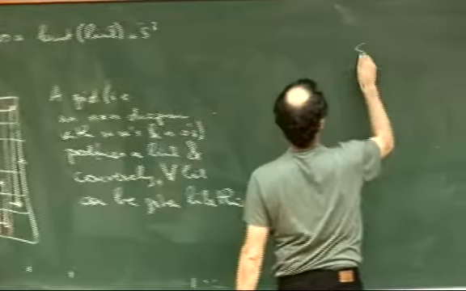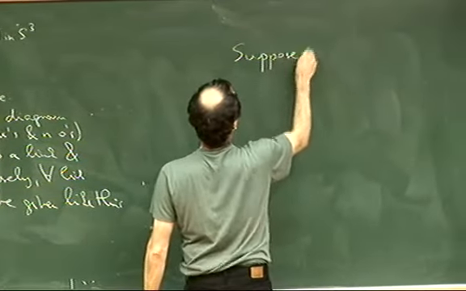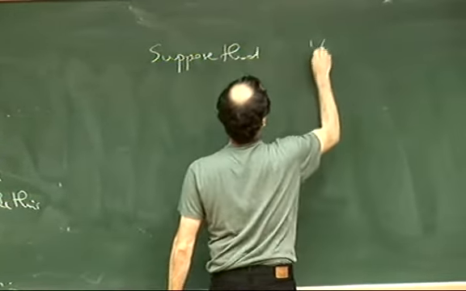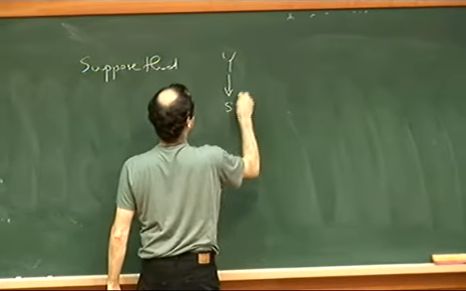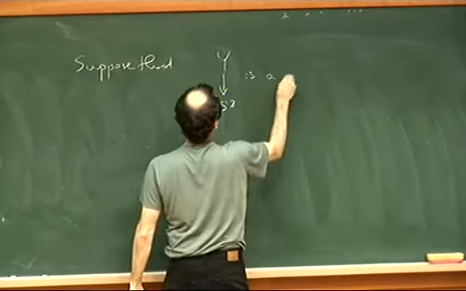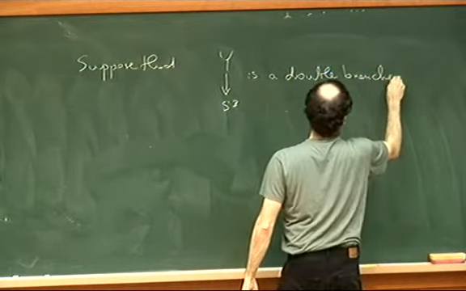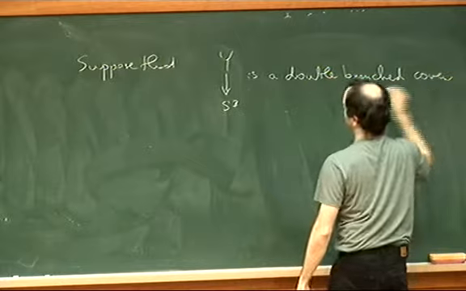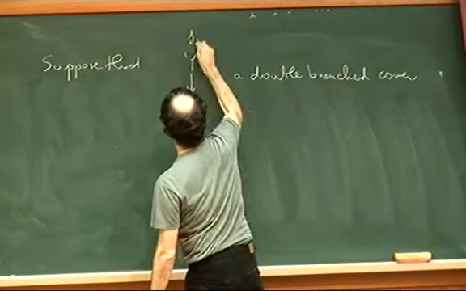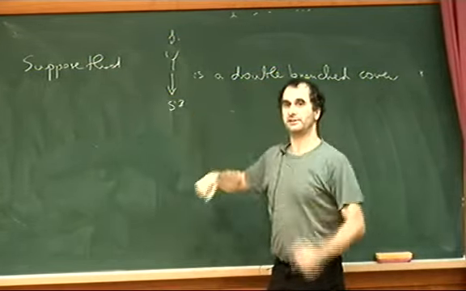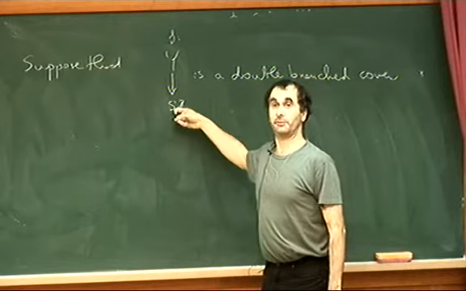So suppose that our 3-manifold Y is a double-branched cover, which means that there is a map F which is typically 2-to-1, except along a knot it's a 1-to-1 map.